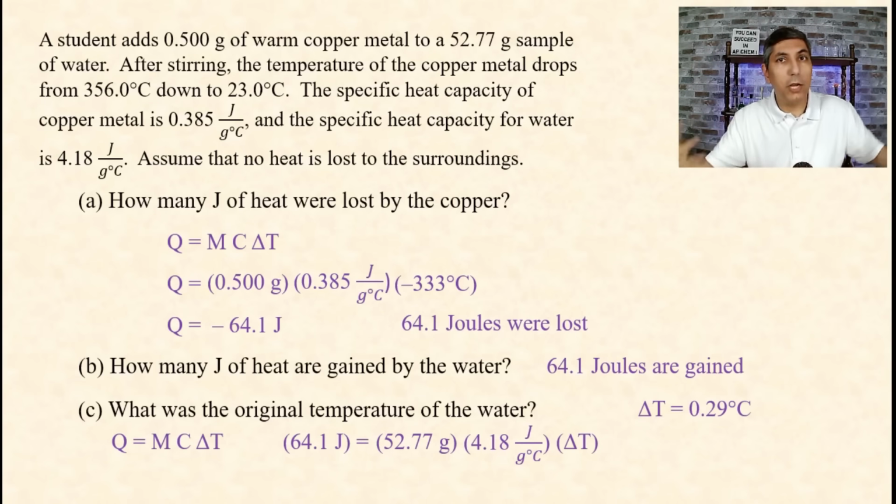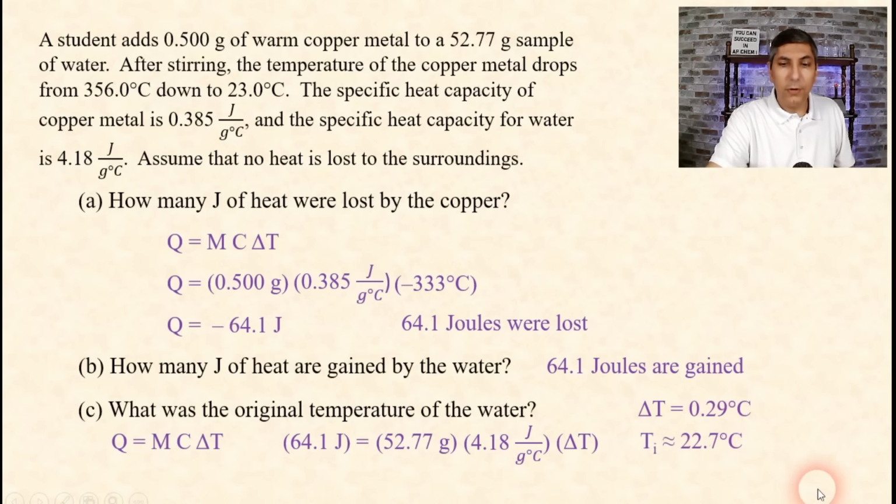That's called thermal equilibrium. And it says that the final temperature of the copper is 23 degrees, so the final temperature of the water also has to be 23 degrees. So the initial temperature of the water had to be about 0.29 degrees less than the 23 degrees. So that tells us that the initial temperature of the water is somewhere around 22.7 degrees Celsius.